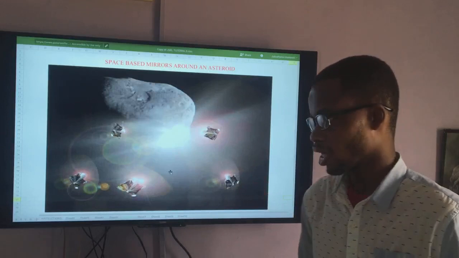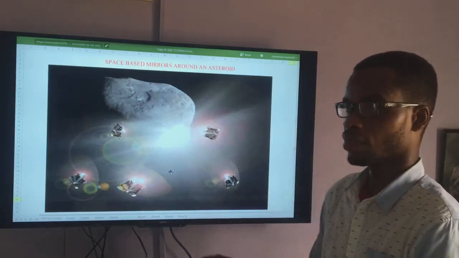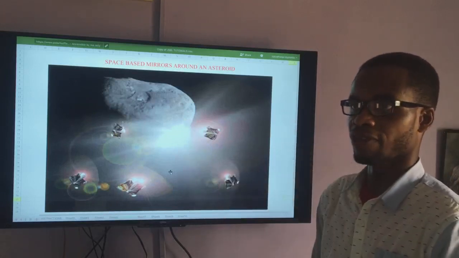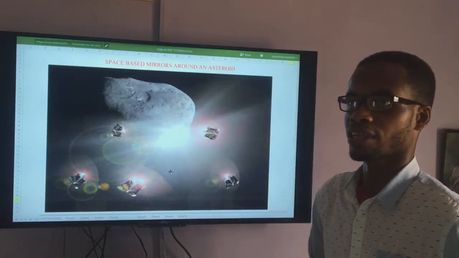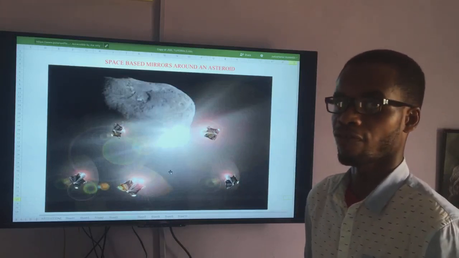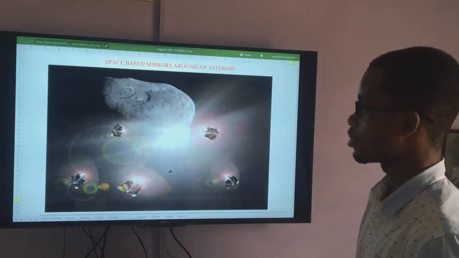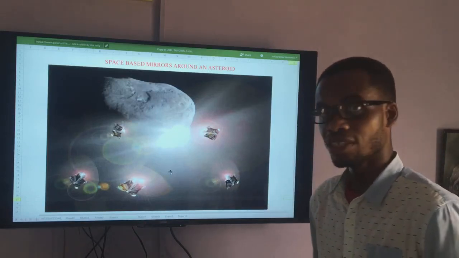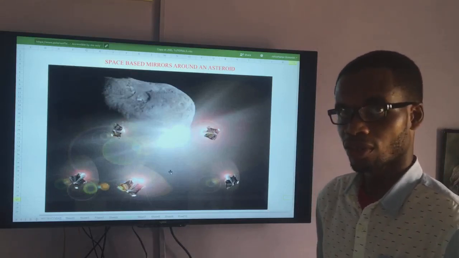Then we also talked about the spacecraft, objects that can be manufactured strong enough to hit the asteroid and cause it to move away from the earth. So these are some of the ways, and I believe they have been helpful and you've learned a lot from this.